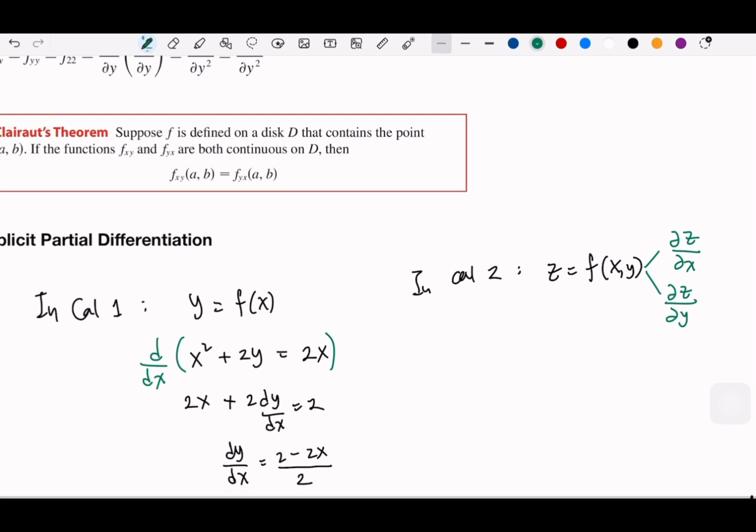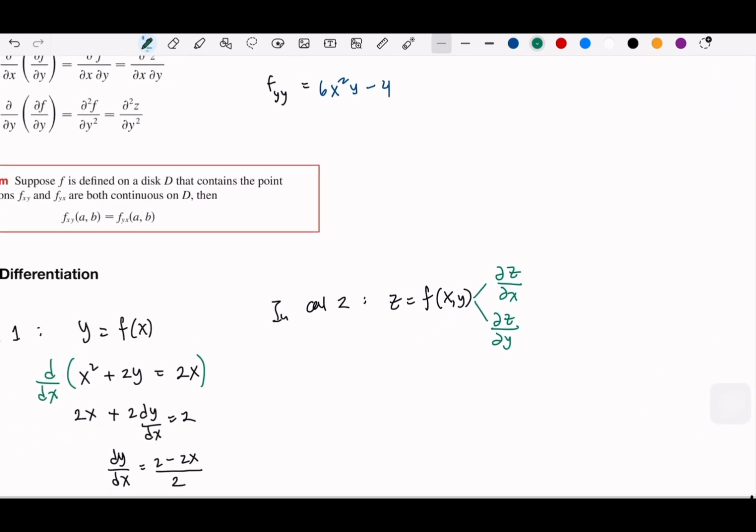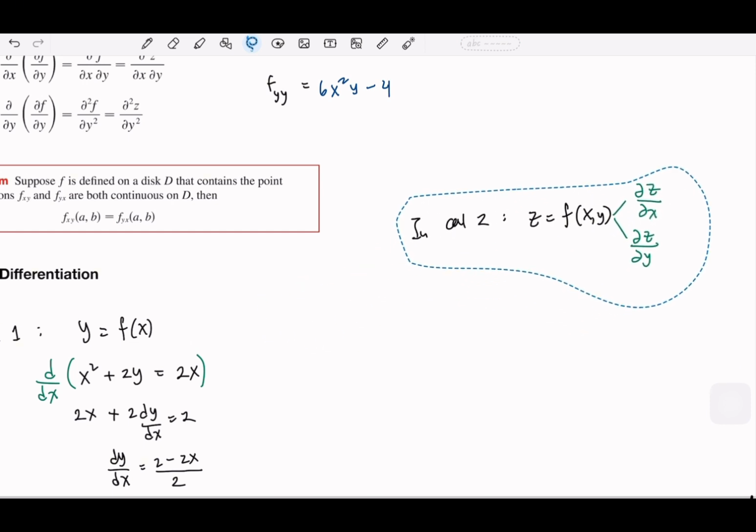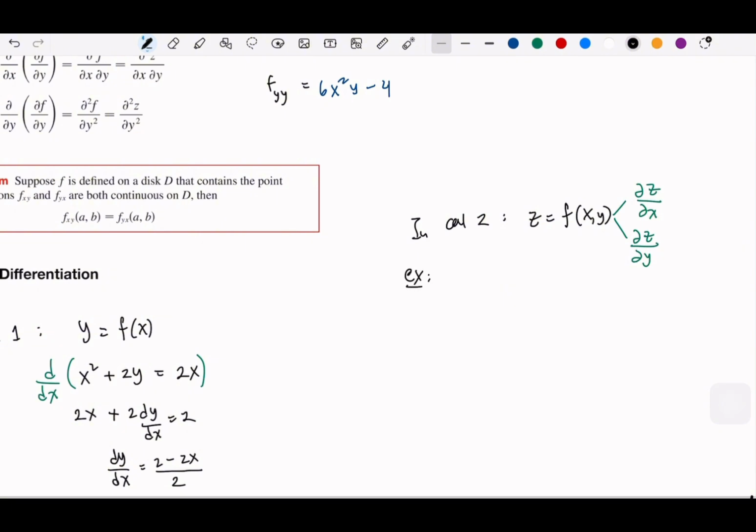For example, if I write the question, let me write an example: find the slope in y direction of the sphere x squared plus y squared plus z squared equal 1. So this is a sphere with a radius 1 at 2/3, 1/3, 2/3.